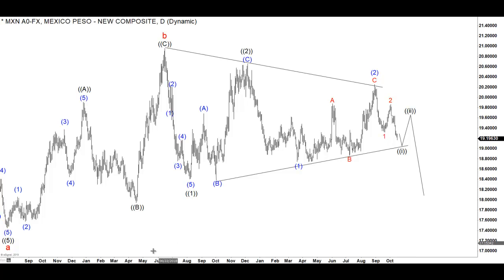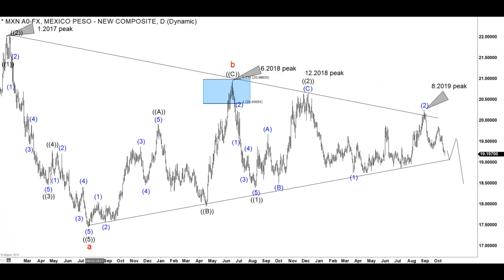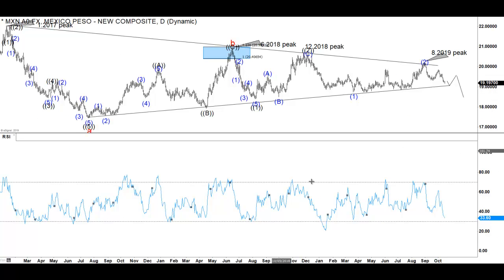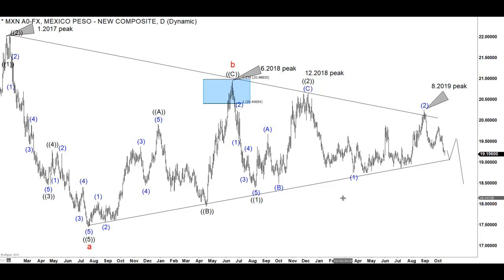As always, new ideas, a new way to see the market. The market has changed. Consequently, Elliott Wave Theory needs to change. It is not a bullish triangle. It should be breaking lower, and let the market decide if we're right or if we're wrong.